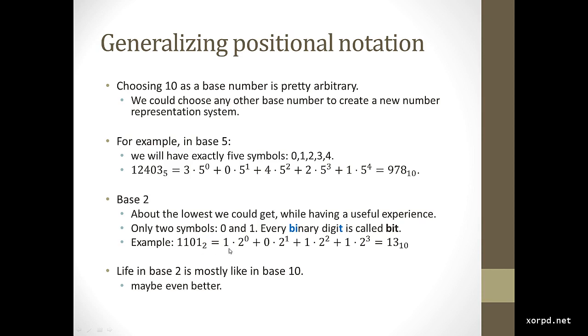This number equals 1 times 2 to the power of 0, plus 0 times 2 to the power of 1, plus 1 times 2 to the power of 2, plus 1 times 2 to the power of 3, which equals 13 in base 10. It is pretty interesting that this number, 13, which looks pretty short in base 10, is much longer in base 2. It has 4 digits in base 2.